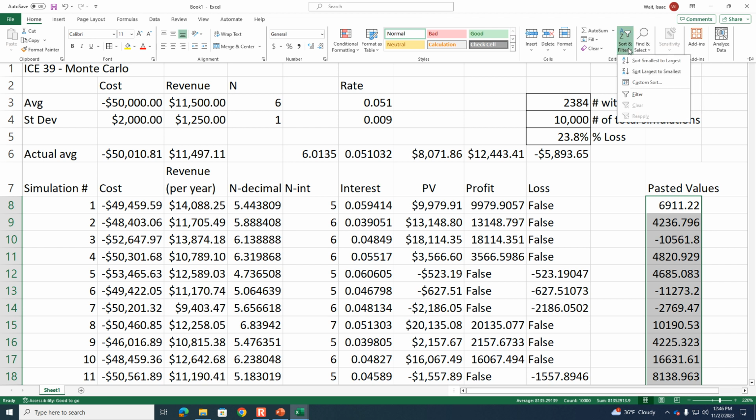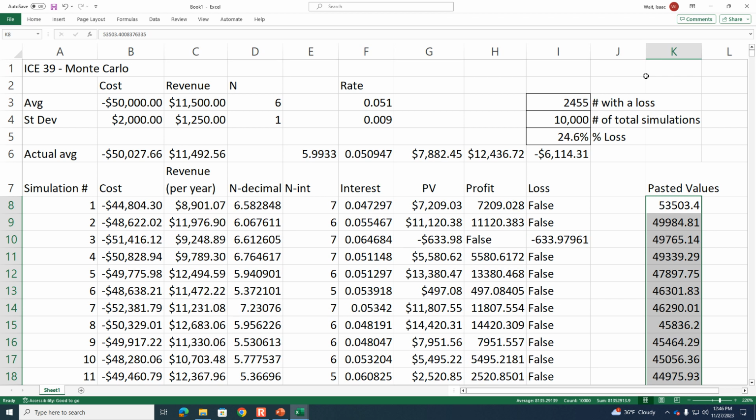Sort and filter, largest to smallest. Okay, so the biggest value that I saw for that particular simulation was 53,503. So what's the probability that I'd get that much money? 1 in 10,000, because that was the top value out of 10,000 possibilities.